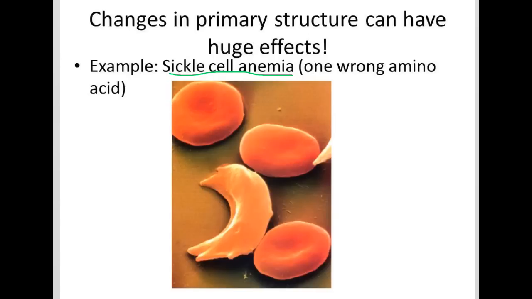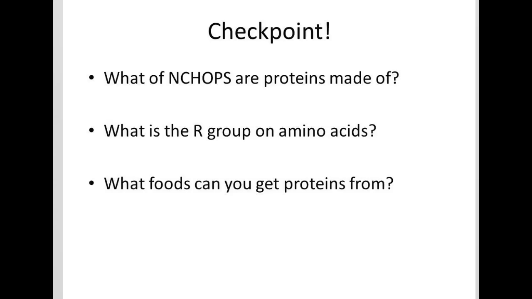And that changes normal red blood cells to look like sickles, and then they do not function properly. And this ends up not only being one wrong amino acid, but one wrong little letter in your DNA out of about 6 billion. And so again, you should be able to answer the following questions about proteins. And if you can't, please feel free to replay this video.